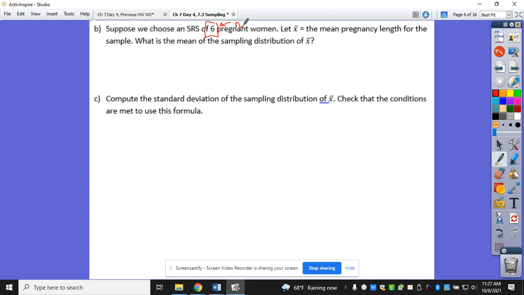And it even defined X bar for us, so we don't have to find mu. So what is the mean of the sampling distribution of X bar? That should be really easy. What do I write? Which equals? And then go ahead and leave your units with it for now.